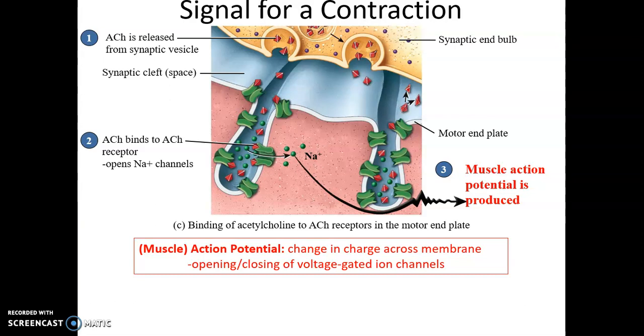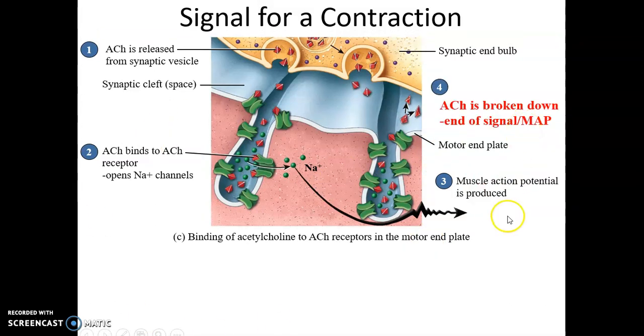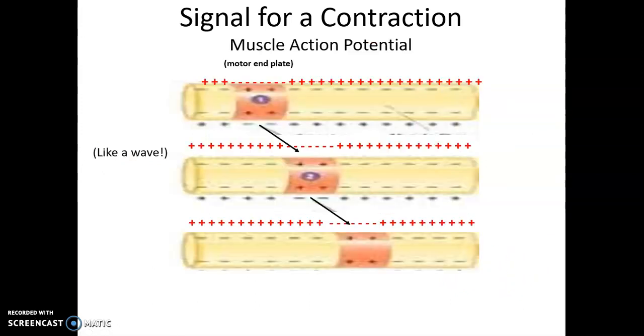So if enough change in charge at the motor end plate occurs, because of sodium ions entering it, this will lead to a muscle action potential, which is an opening and closing of voltage-gated ion channels along the length of the sarcolemma, starting at the motor end plate and heading out the length of the muscle fiber. And eventually acetylcholine is broken down, and that'll end the signal, ending the muscle action potential. You don't contract forever.